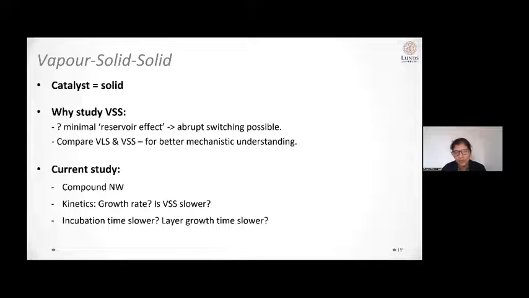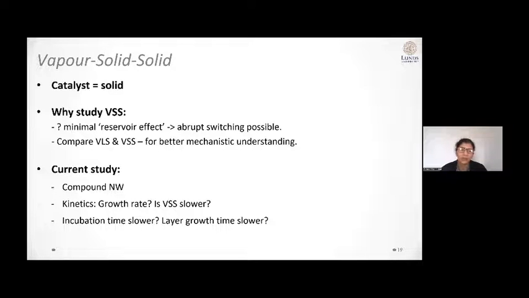But just before this, we were trying to grow a gallium arsenide compound nanowire using vapor liquid solid, and there itself we see that the dynamics or the kinetics are very different from that of an elemental nanowire. So we wanted to see how vapor solid growth is going to affect the compound nanowire growth.